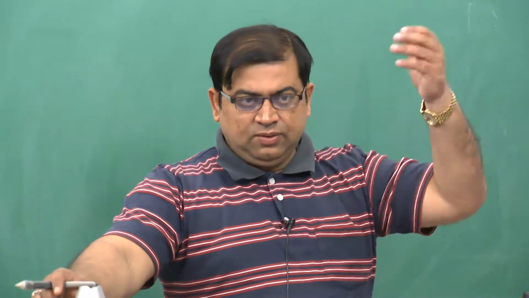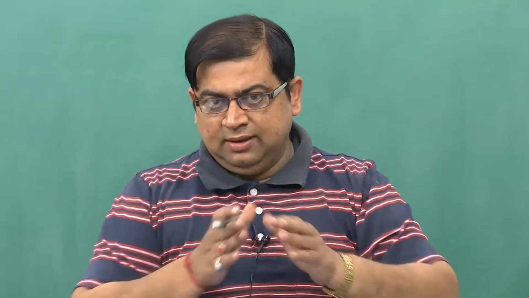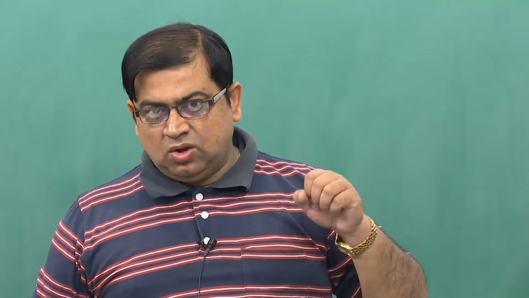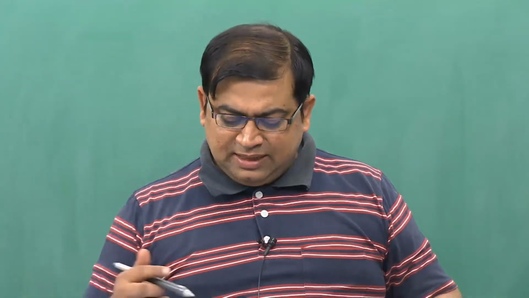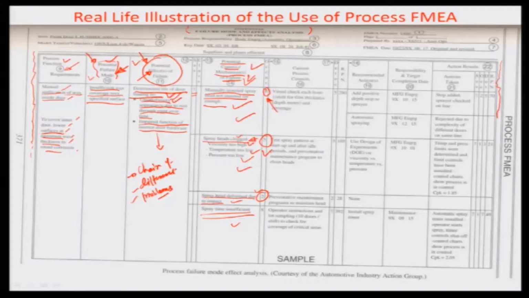So, there he may have used this process, okay, because it's coming from the last paint step, where there is a possibility of sticking of the door with the body. So he uses this nozzle, and that creates a damage on the nozzle, but that's very rare, okay. And then again, the spray time insufficient because of a change of operator is also very high. It's rated about 80% or so.